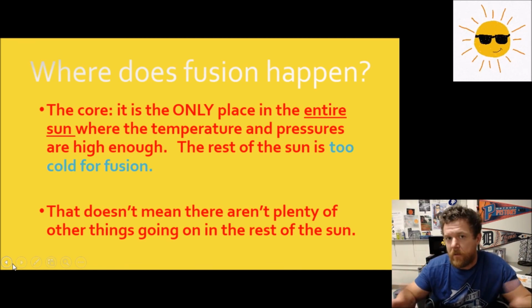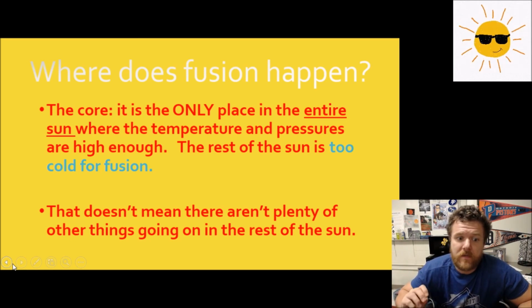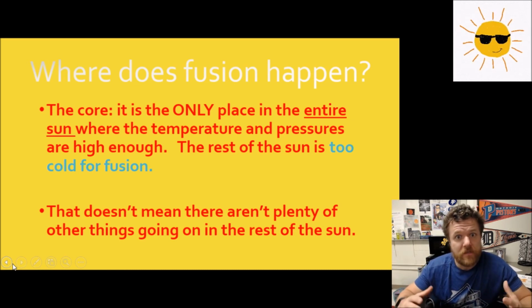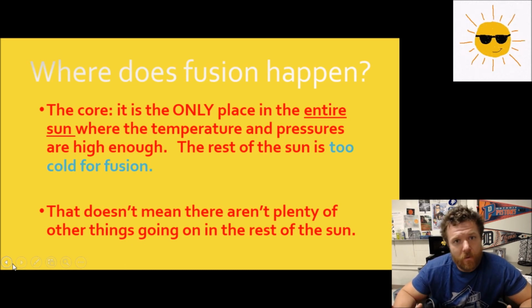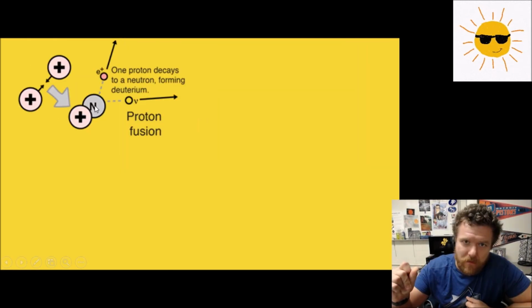Once you cool down by moving outward and you are not doing fusion, you're technically not in the core. So the core is the only place where you can do fusion. Outside of the core, it's too cold. You might think, wait, the surface of the sun is very hot. It is for us, but it's too cold to do fusion.